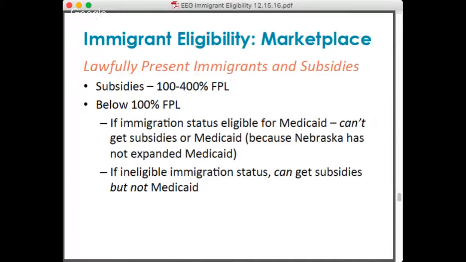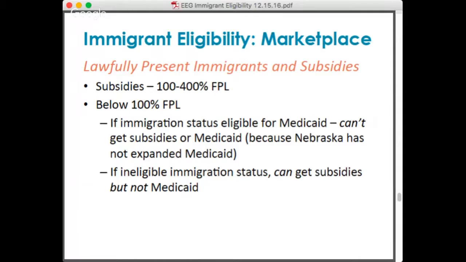But also they can't get subsidies, because the system was designed assuming they could get Medicaid and not subsidies. So there's a gap there for sure. If they have an immigration status that would make them ineligible for Medicaid, they can get subsidies, but not Medicaid.